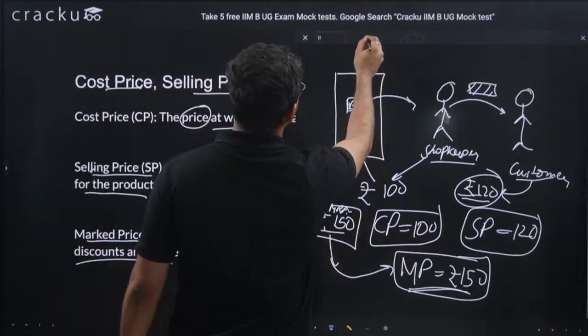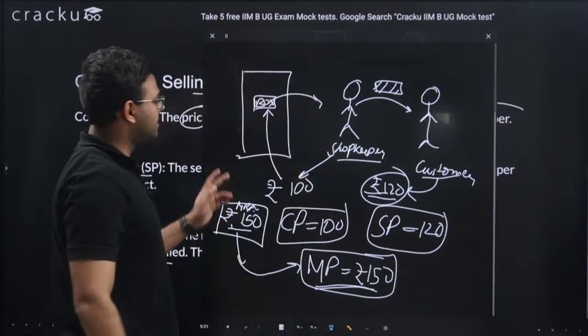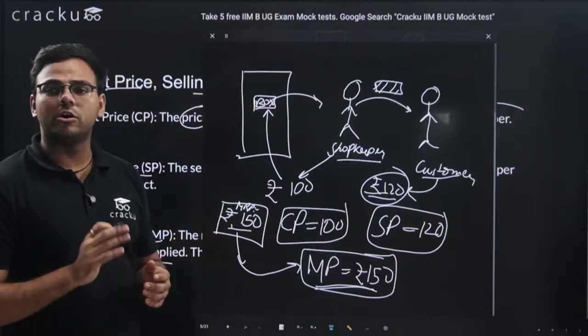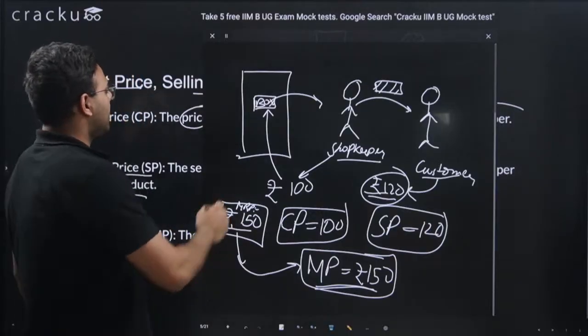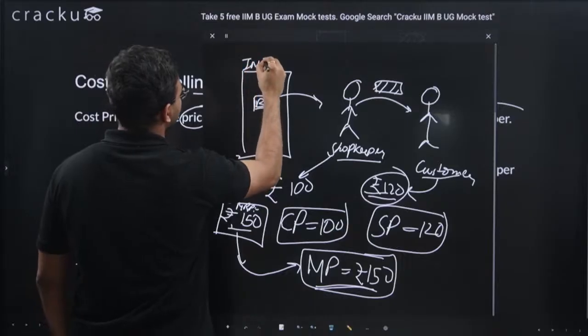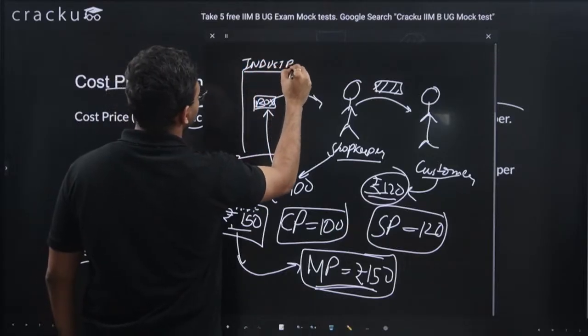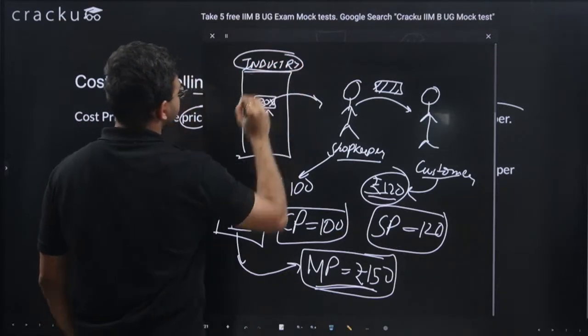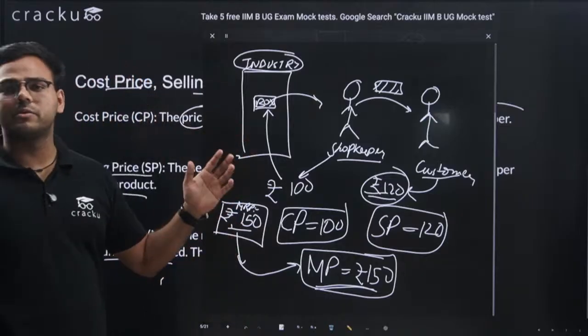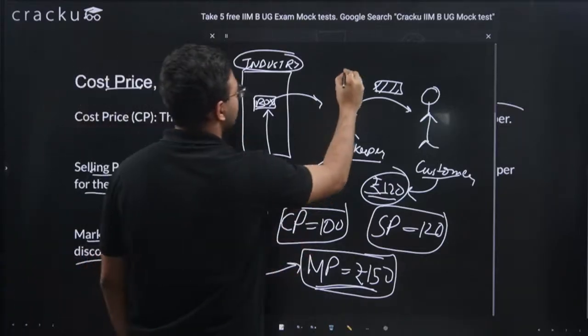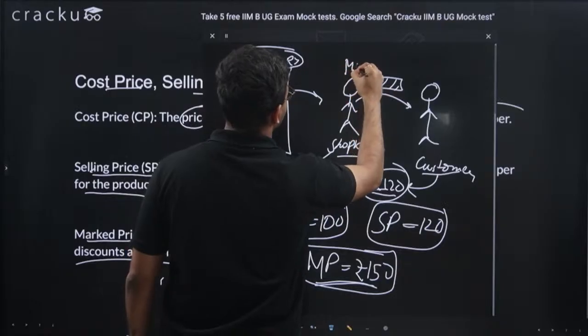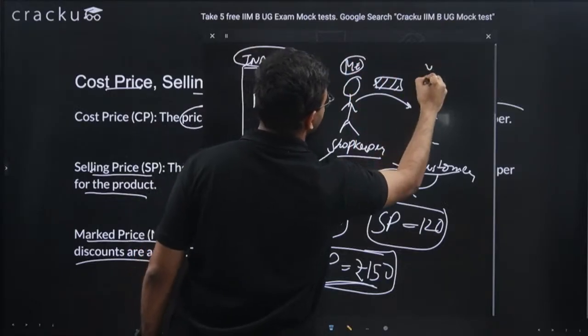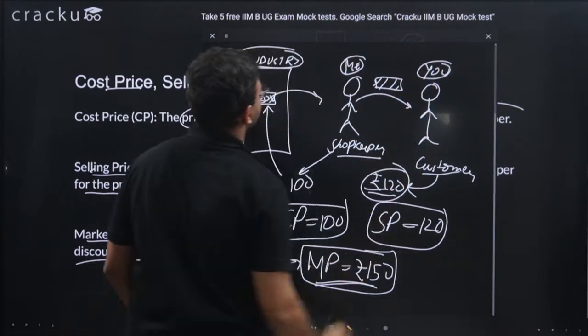Let me explain this to you once again with this example, the difference between cost price, selling price and the mark price. Let's say this is some industry, and there's some box which I want to get as a shopkeeper. This is me, the shopkeeper, and this is you, the customer.